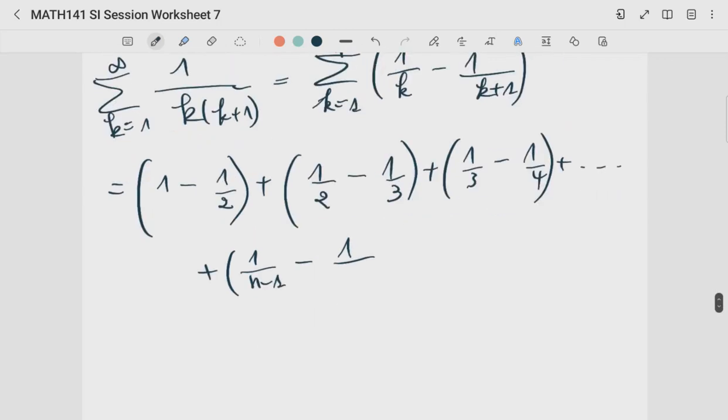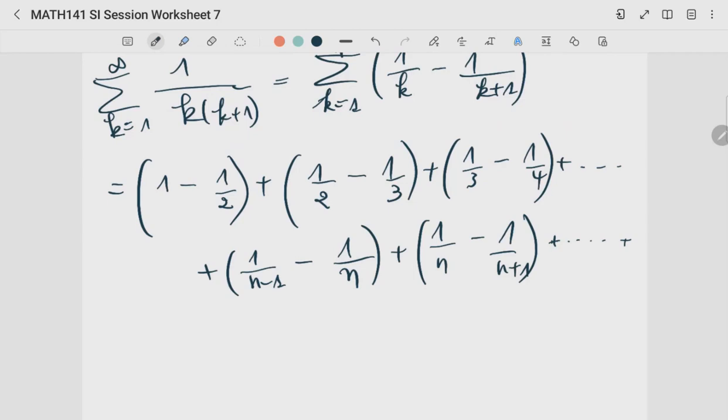So the second to last term will become 1/(n-1) minus 1/n, plus the last term, which will give us 1/n minus 1/(n+1).